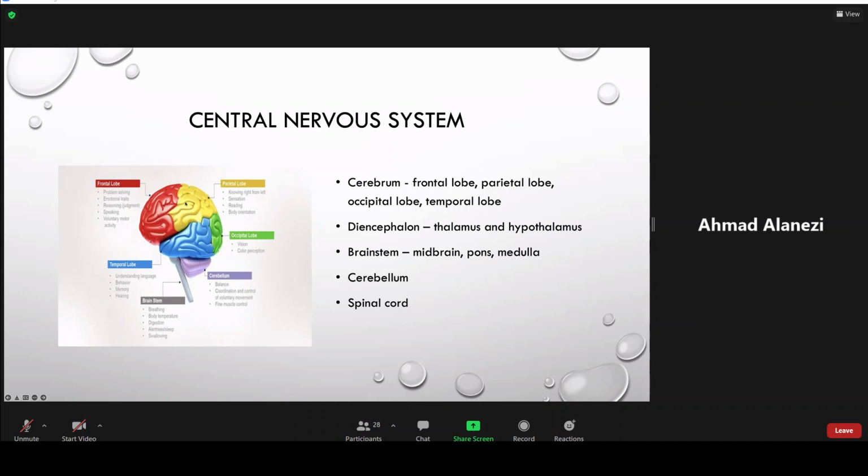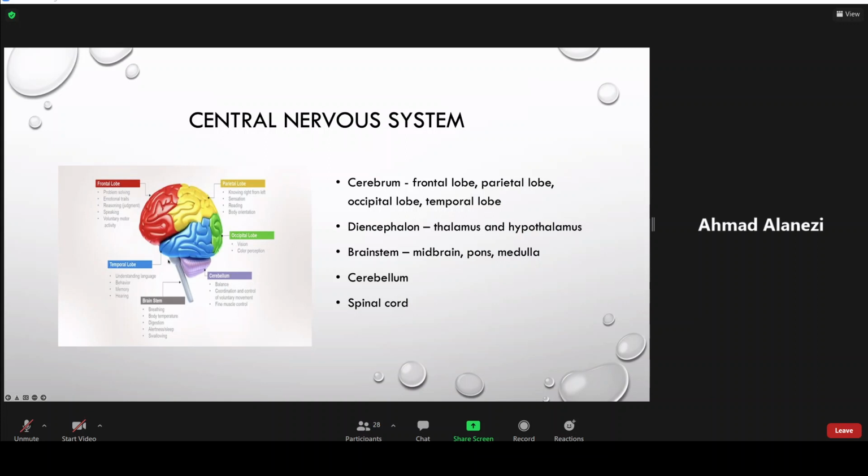There are a lot of secrets in the function itself as well. So when the differentiation is completed, we then have in the mature adult brain 4 different lobes.